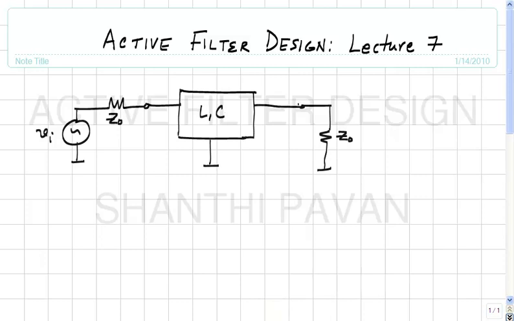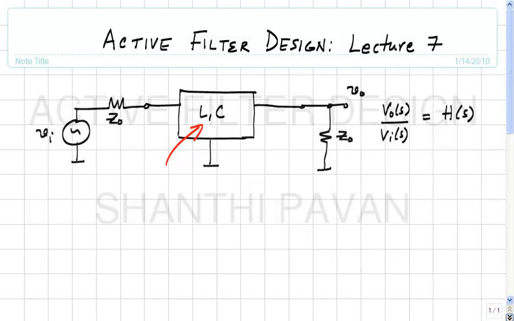between the source and load, so that the transfer function from Vi to Vo, so Vo of S by Vi of S, is the desired H of S. So, what we need to do is to figure out what is there inside this box.